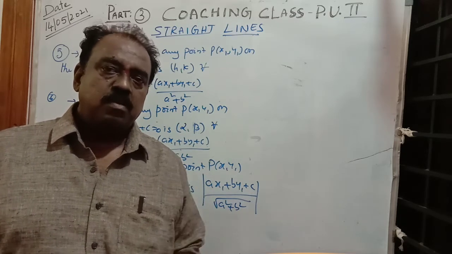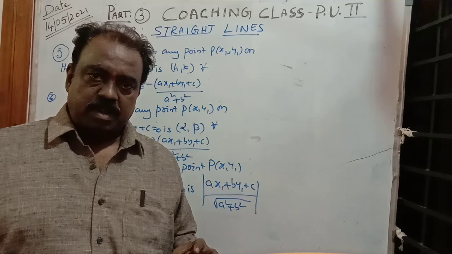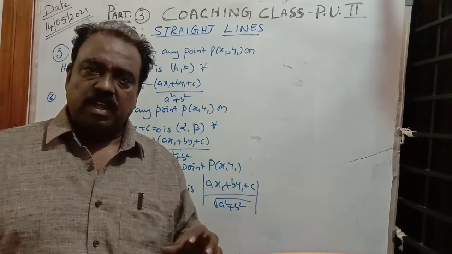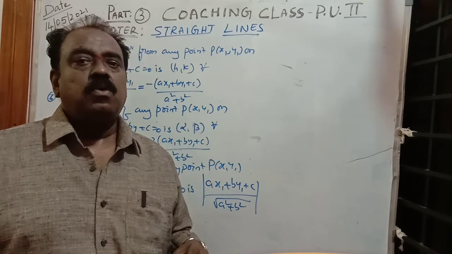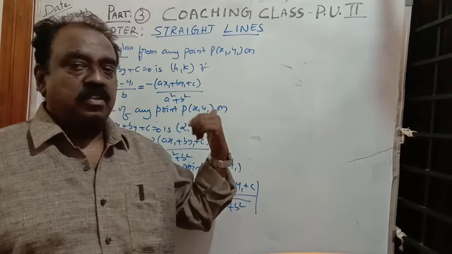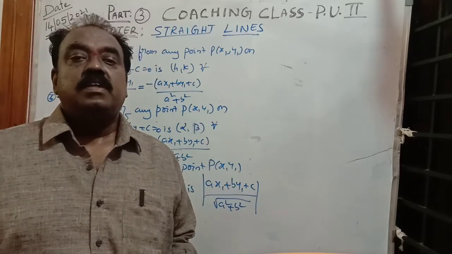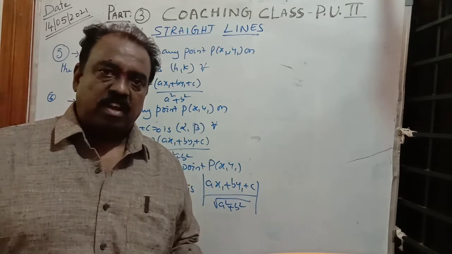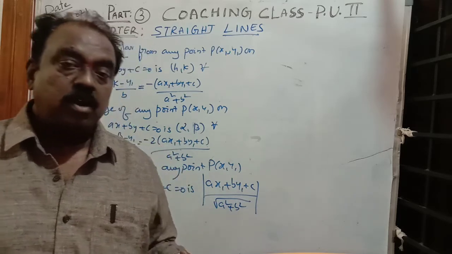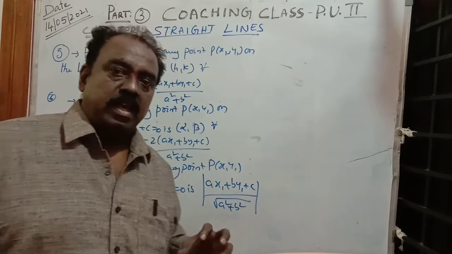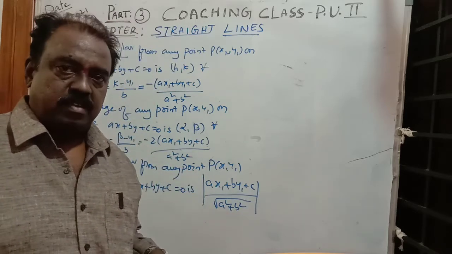Of course, the objective concept of this chapter is more, its boundaries are more than the syllabus of a straight line. So I want to give all the information. That is the synopsis.